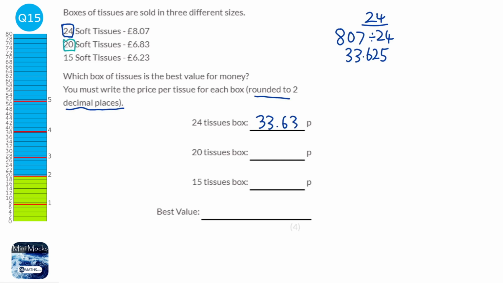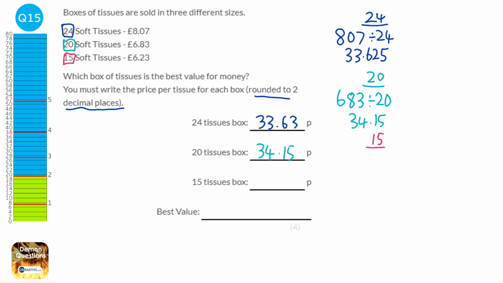Next one, we're going to do the 20 soft tissues. So this time I'm going to do 683 divided by 20. When I put that into the calculator, you get 34.15, so that's already 2 decimal places. And then finally we're going to do the 15 soft tissues. So we're going to do the 623 divided by 15 to find the price per tissue.